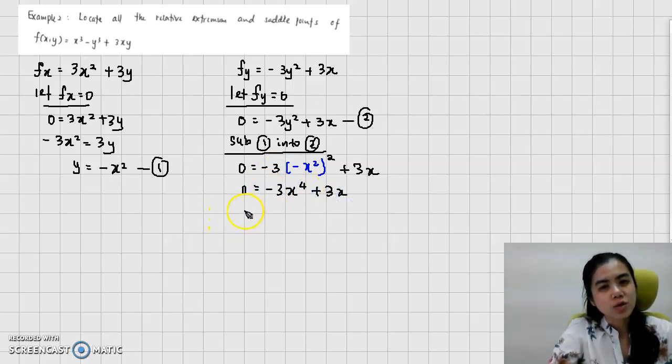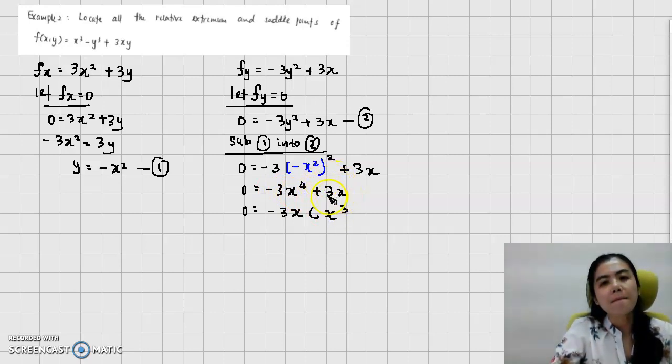Again, do the factorization. You will have minus 3x. If you factorize minus 3x from here, what remains is x to the power of 3. Factor out minus 3 from here, what do we get? We get minus 1. You can multiply back: minus 3 multiplied with minus 1 is positive 3x, right?